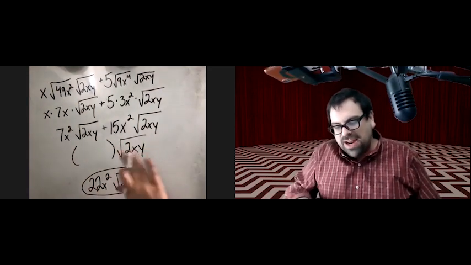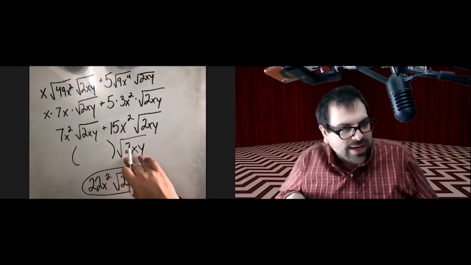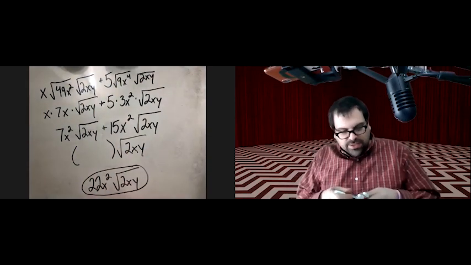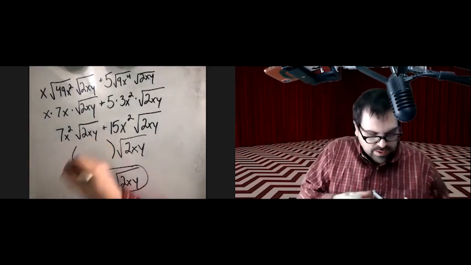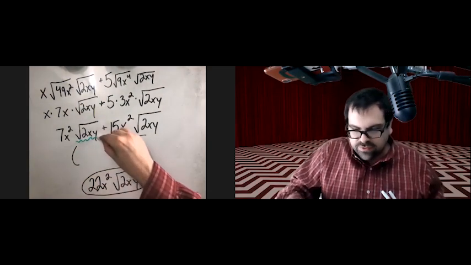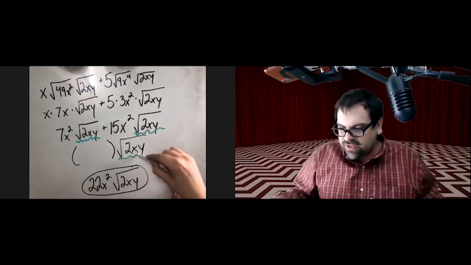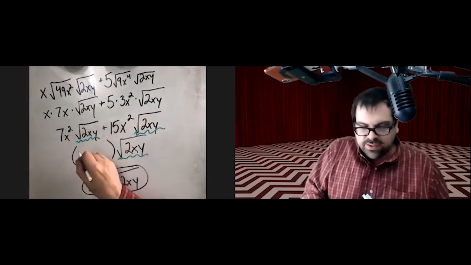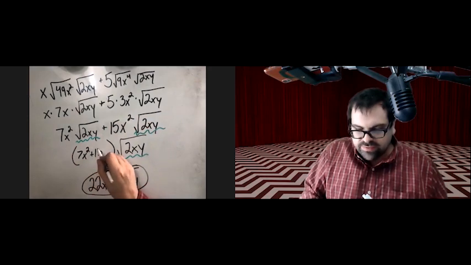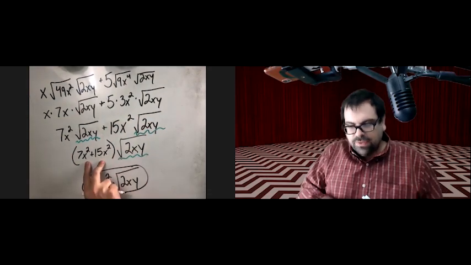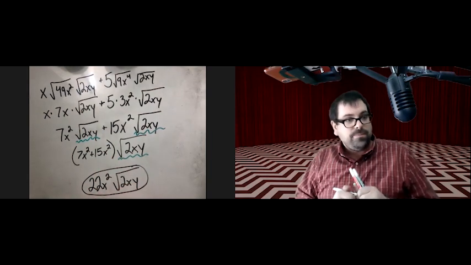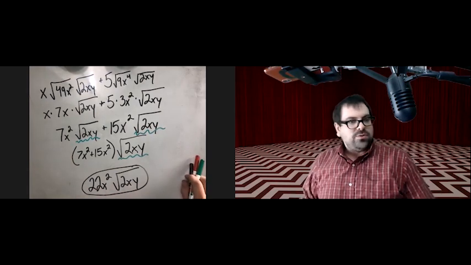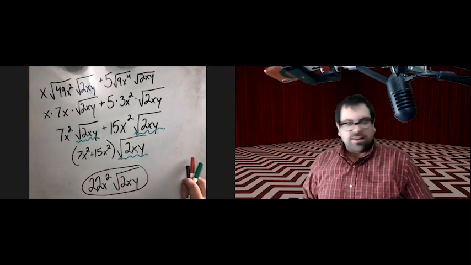And in fact, I'm going to factor it out and put it on the right side because I know that's where the radical is going to end up. And if I factor out the greatest common factor of the radical 2xy, what am I left with? What's the leftover piece? 7x squared plus 15x squared. 7x squared plus 15x squared is 22x squared. So 22x squared radical 2xy is the final answer.